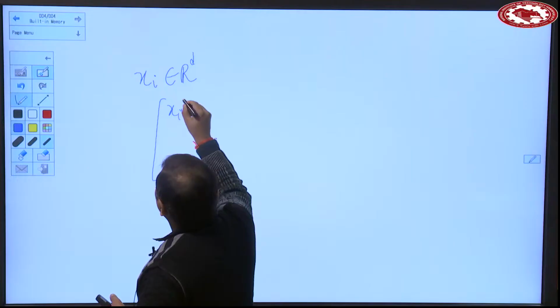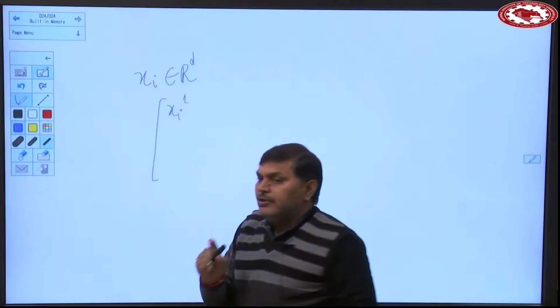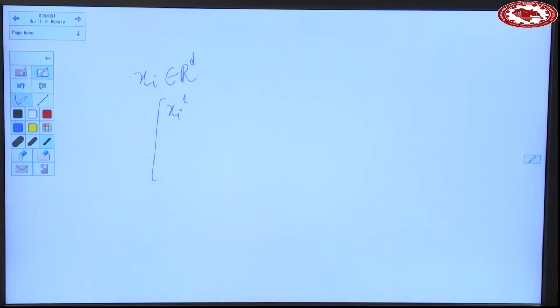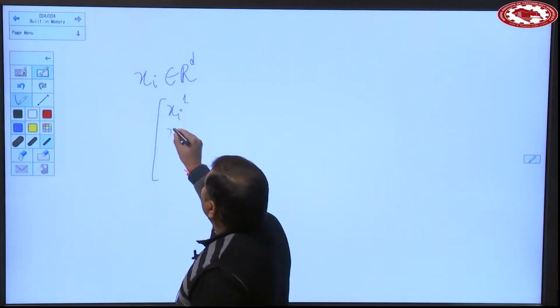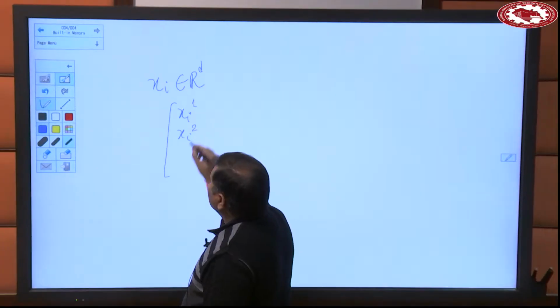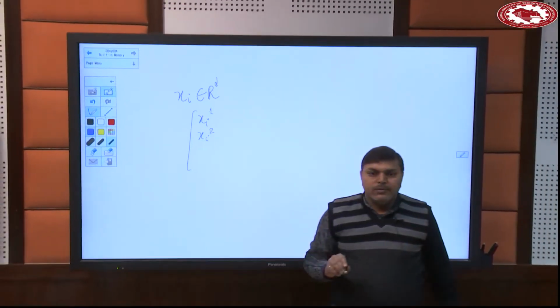So, xi1, in superscript we have the feature id. So, there is the first feature value for this sample. Then you have xi2, this is the second feature value, this is not the square.